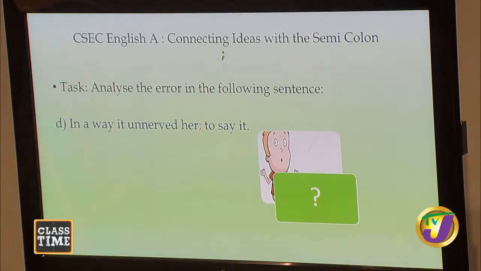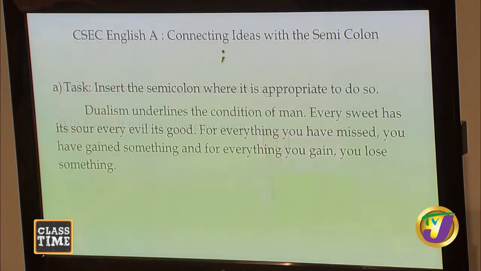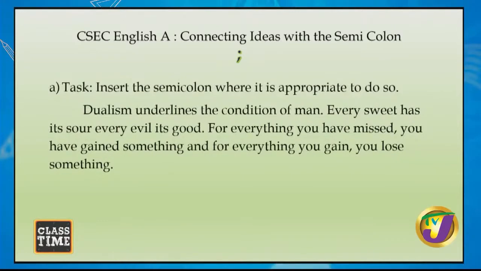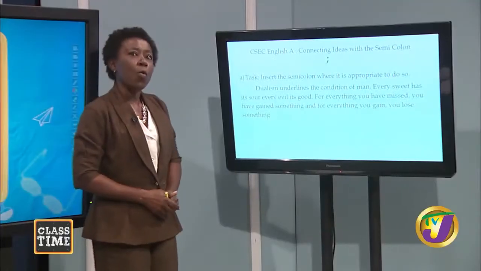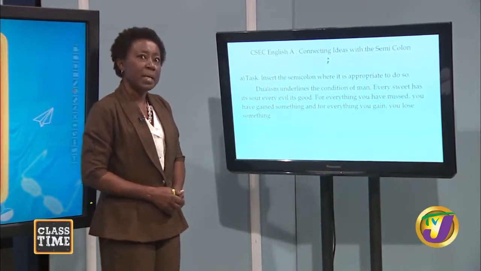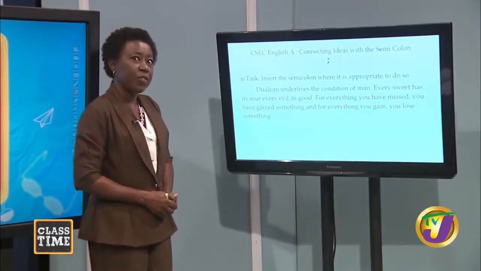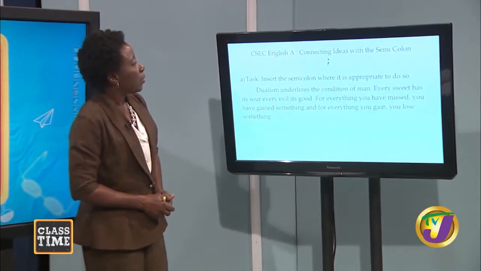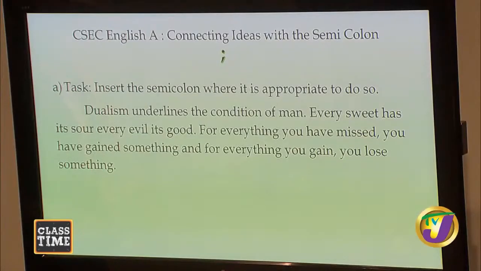All right then. So those are our revision ideas. And now we are looking at putting the semicolon where it is really needed. So what's the critical point again? The critical point is to look for where there could possibly be an independent thought. Dualism underlines the condition of man.